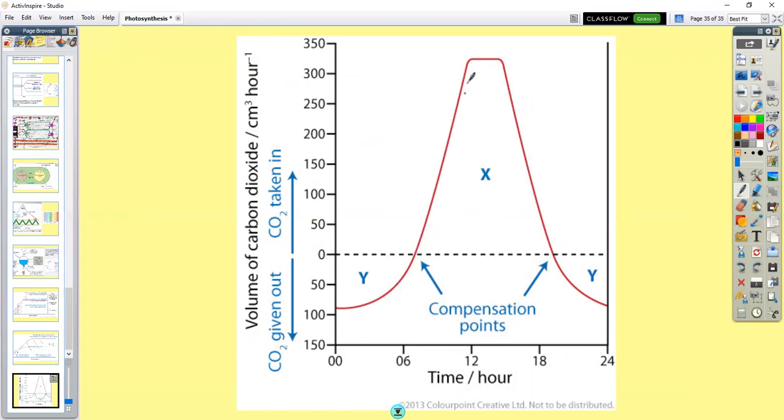So there's more carbon dioxide taken in until about 7 in the evening or so, depending on the season. That amount of carbon dioxide taken in would decrease as the rate of photosynthesis decreases. And again, your rate of respiration, which pretty much stays the same over the course of the day, would be higher in this area than the rate of photosynthesis.